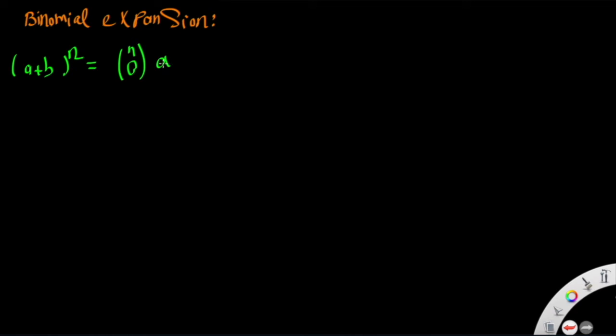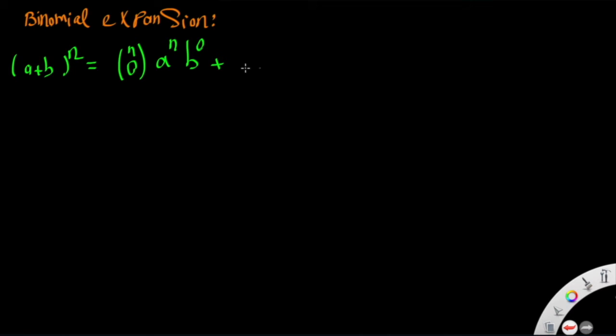I told you the first term starts from the highest power in descending order. So the second term starts from the least possible power and in ascending order. The first one descending, the second one ascending.